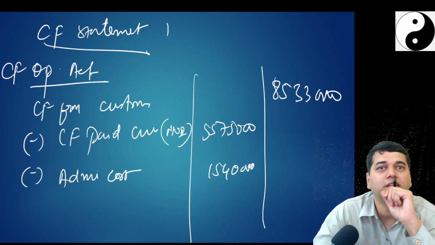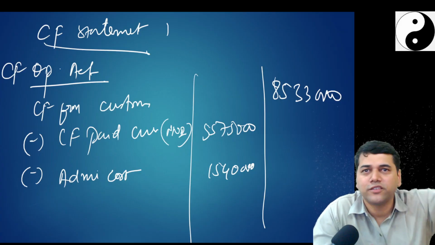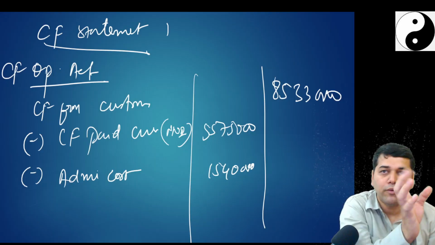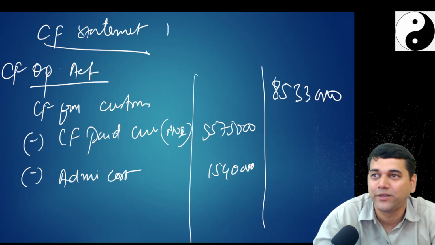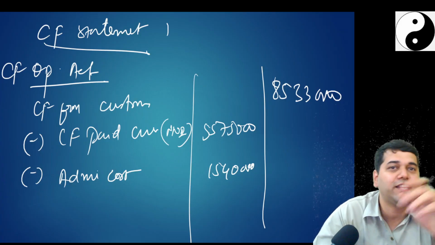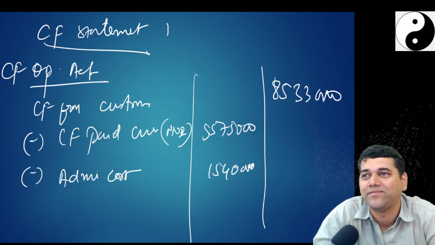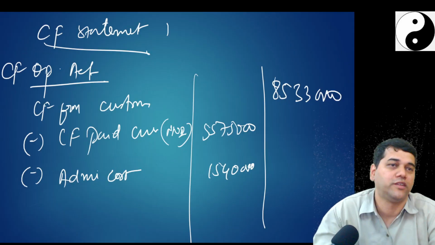Now one question came. In this theory question, what we discussed in so much theory, first, whether it is an operating or investment activity. Only one question we didn't come across. Fire insurance claim received. Under which category should I put it? Have they told you anything on the fire insurance claim? The question is very silent.